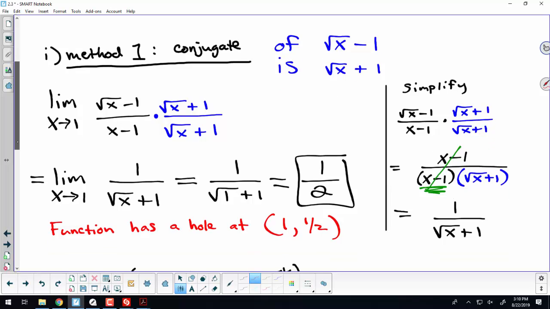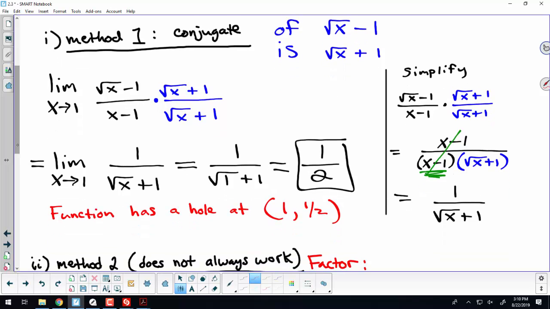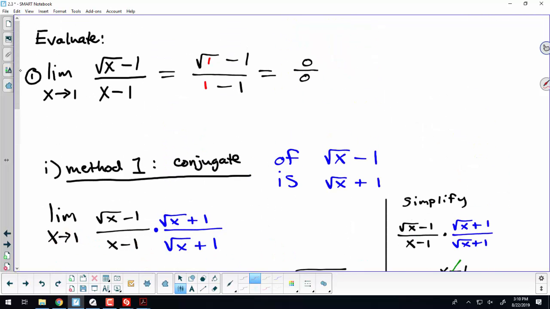Those are the only two ways to represent somewhere where your function's undefined. So with that in mind, x is getting closer and closer to 1, and y is getting closer and closer to 1/2. But we know the function's not defined at 1 because it caused us to divide by 0, right? And since we ended up with a finite number as the limit, this place that it's undefined is not an asymptote. If it were a vertical asymptote, what would happen to the limit?